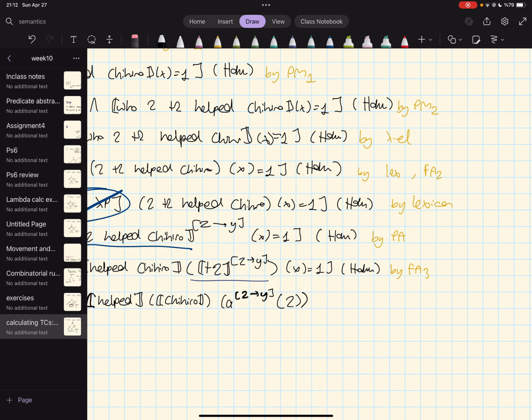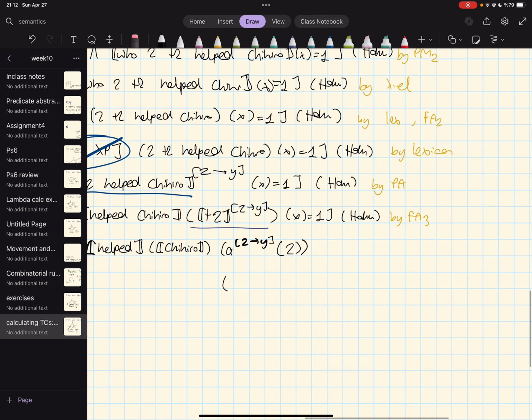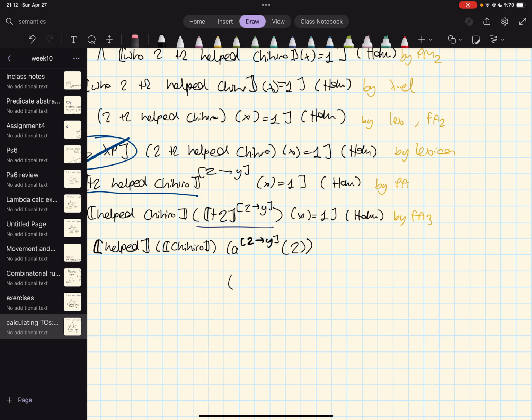So then close it. In the next steps, this will be turned into, if you give the domain A, which maps 2 to y, the argument 2, then obviously it is going to return y, because you gave it 2. And the only job that the assignment function A has is to return y when it takes 2 as its input. So obviously it will then return y.